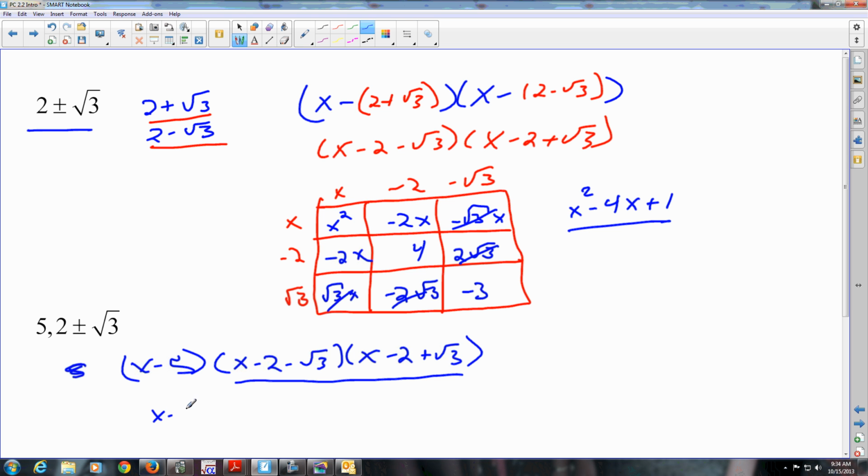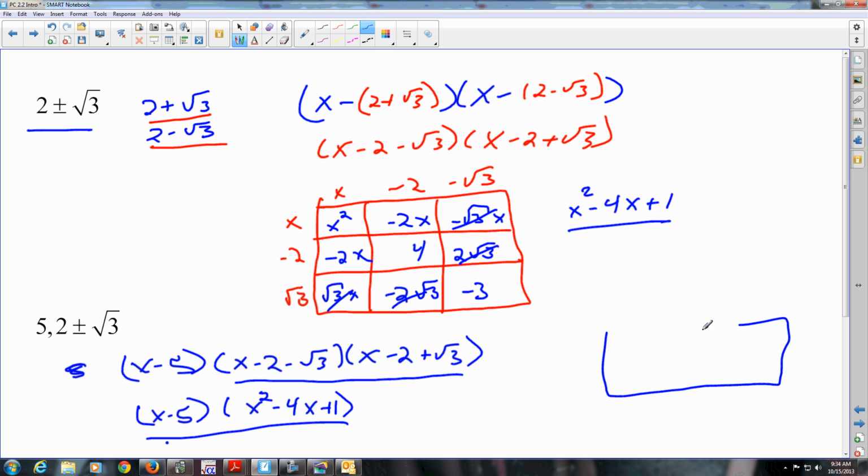So then you get x minus 5 times x squared minus 4x plus 1. And if it was me, I would draw a box and multiply those together. Okay? I think you guys can handle it, I'm not going to actually multiply the thing out because I think you guys get the gist of it. So x minus 5, x squared minus 4x plus 1. Multiply it together, collect like terms.